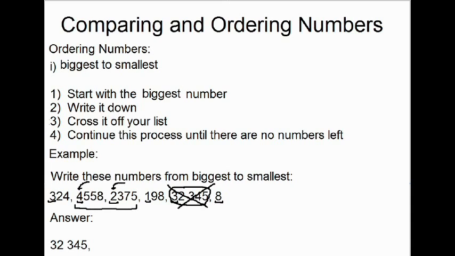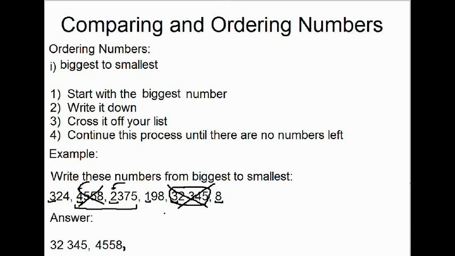Well, 4 is bigger than 2, so 4,558 is our next biggest number. So it has to come next in our list. And again, since we've got that number on our list, let's cross it off to make sure that we don't forget that we actually did that number.